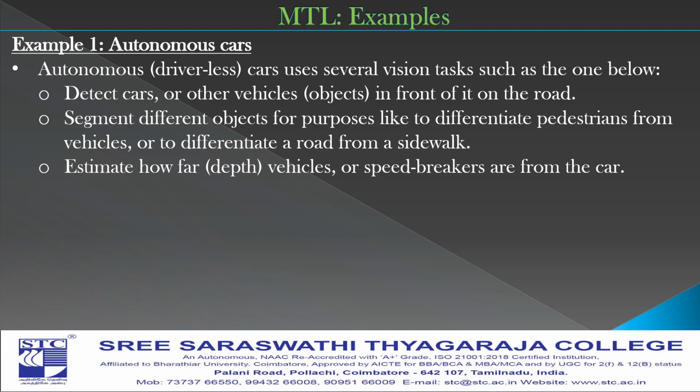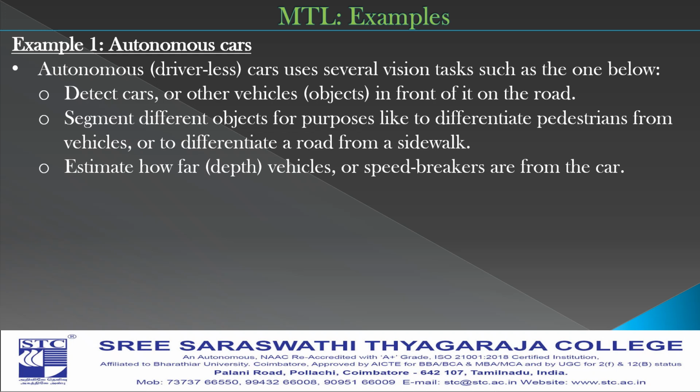There must be a clear division of the road from the platform or sidewalk. Unless there is a model that segments the road from the platform, there is a possibility that the car can run on the platform itself, which is very dangerous. The segmentation is a task that does that.